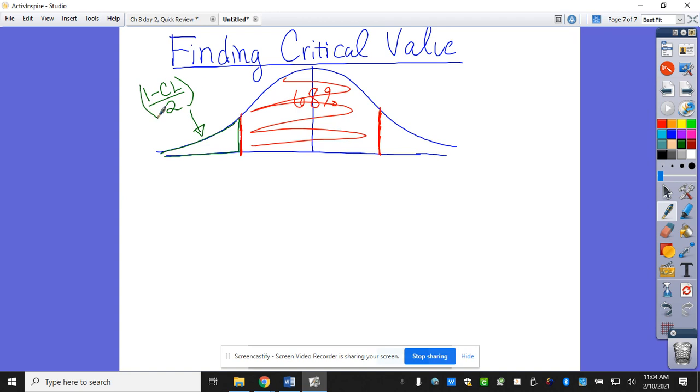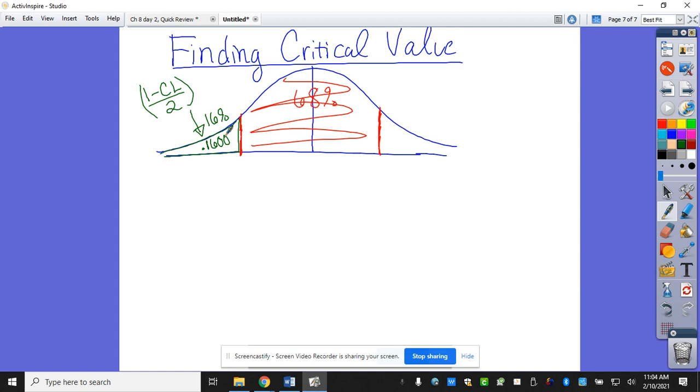So this little area right here is 1 minus my confidence level, divided by 2. So 100 minus 68% leaves me with 32, divided by 2. So in this scenario, this one is 16%. So that's an area of 0.1600.